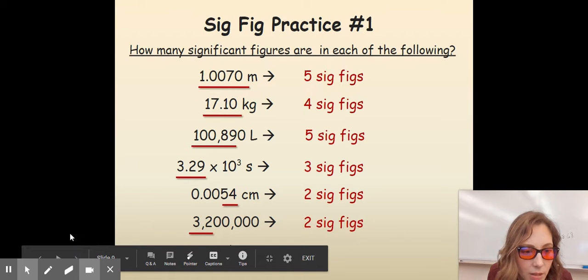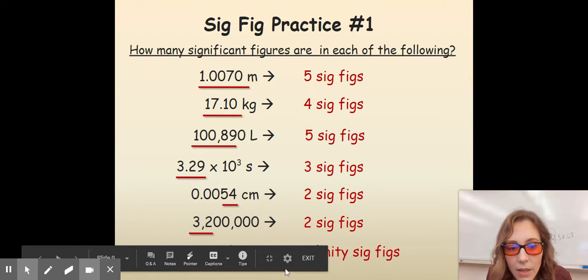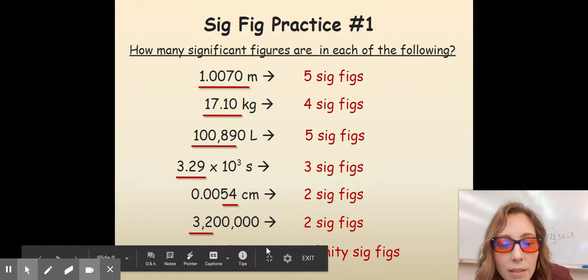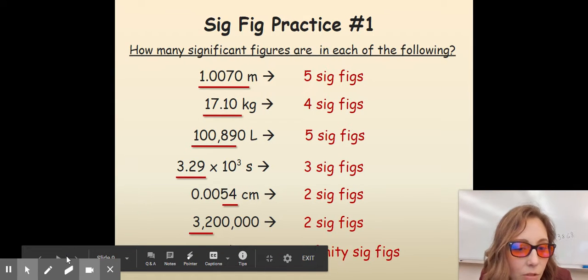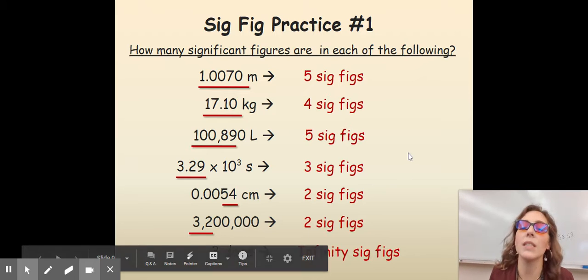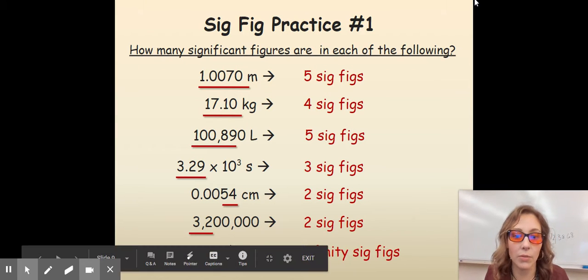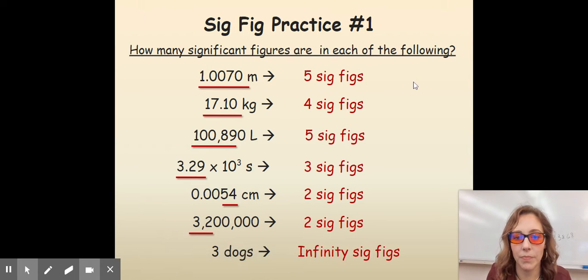And the last one says something like 3 dogs, and that is infinity sig figs.